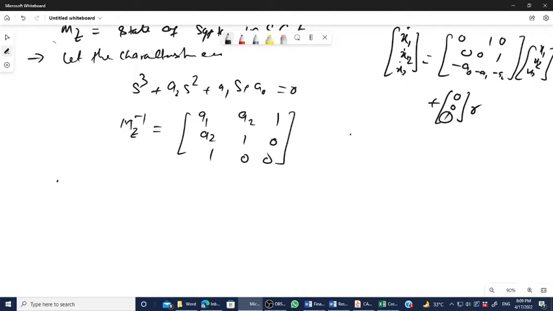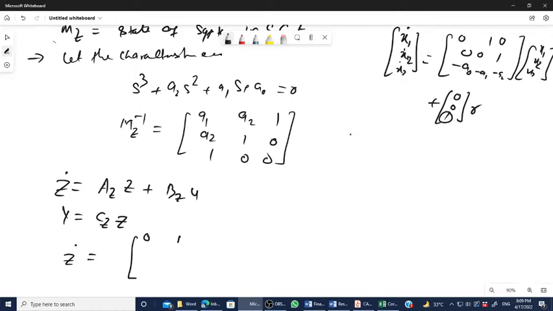And for the transformed system, let us consider z dot is equal to Az z plus Bz u, and y is equal to Cz z, where z dot is equal to, you can say, the transformed matrix 0 1 0, 0 0 1, minus a0, minus a1, minus a2, into z1, z2, z3, plus 0 0 1 into u.